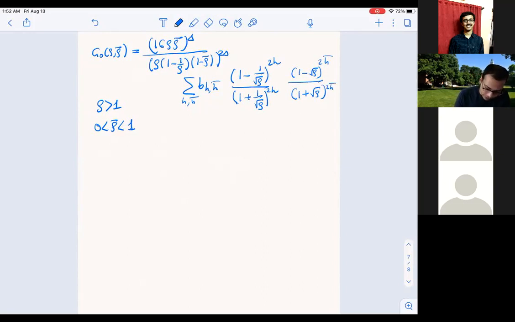If you look at this expression, as I said before, this is positive, and all the other terms are also positive. So if you check, this is always positive.